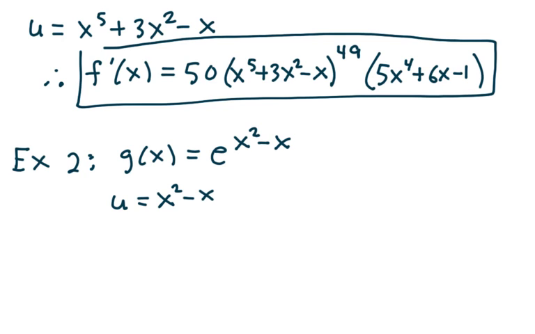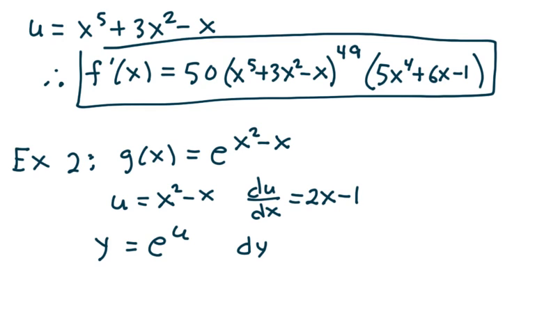That's the inside function, if you will. And what that says is y is equal to e to the u. du/dx is 2x minus 1, and dy/du is equal to e to the u. I hope that's okay.